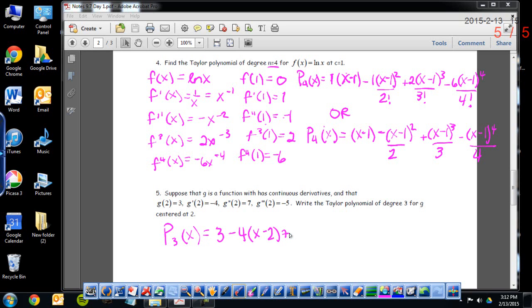Then I need to take the second derivative, which is 7, times x minus 2 squared over 2 factorial. And then the third derivative, which is negative 5, times x minus 2 cubed over 3 factorial. And again, for a problem like this, you are more than welcome to just leave that answer just like that.